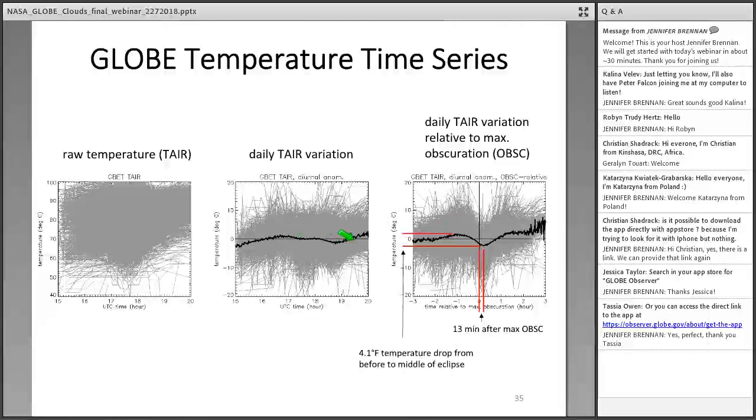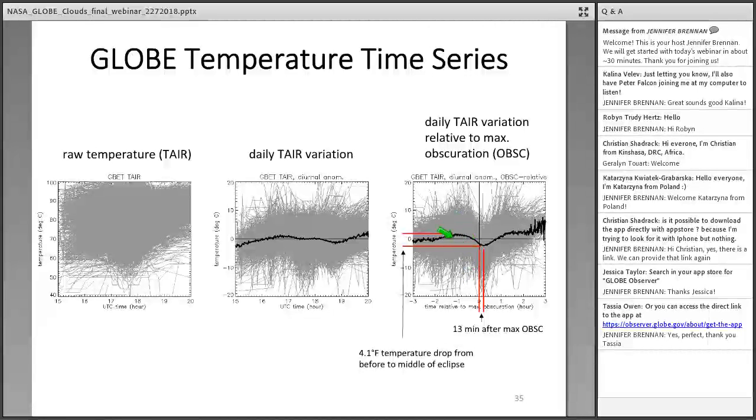However, this temperature decrease is smeared over the course of a couple of hours because the eclipse occurred over the course of several hours. So what we can do is align these temperature time series relative to the time of maximum obscuration, or for the people on the path of totality, the time of totality, when the sun was completely covered.